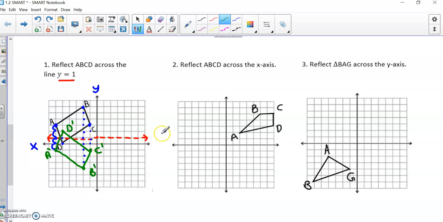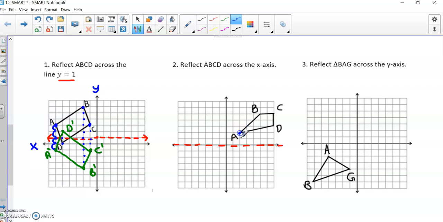All right. So number 2. Now we have this new shape, and we need to reflect it over the x-axis. This right here, as you guys know from Algebra 1, is the x-axis. That's the most common line of reflection, is the axes. So we're going to do the same process.